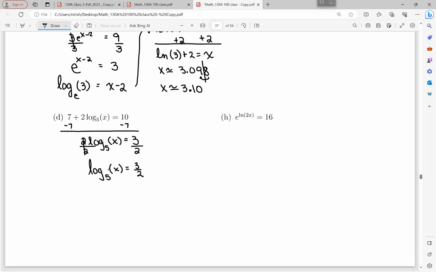Now that I have the log by itself, I need to rewrite. So I rewrite the logarithm as an exponent. The base is 5, power equals x. And again, I can either put in 5 and then raise it to the fraction 3/2, or 5 and raise it to the 1.5 power. Either way, your x comes out to approximately 11.18.